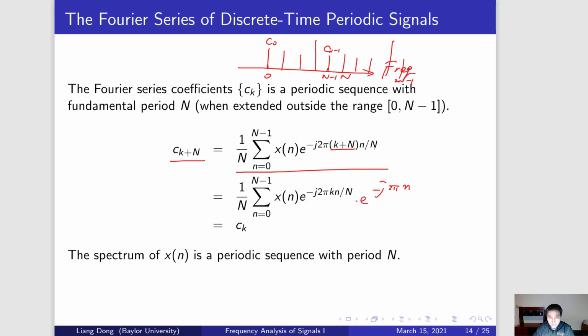Now this is 2 pi multiplied by an integer, therefore this term becomes 1 and can be removed. And this expression is c sub k. Therefore we know c sub k is periodic with a period of N. The spectrum of x[n] is a periodic sequence with a period of N.